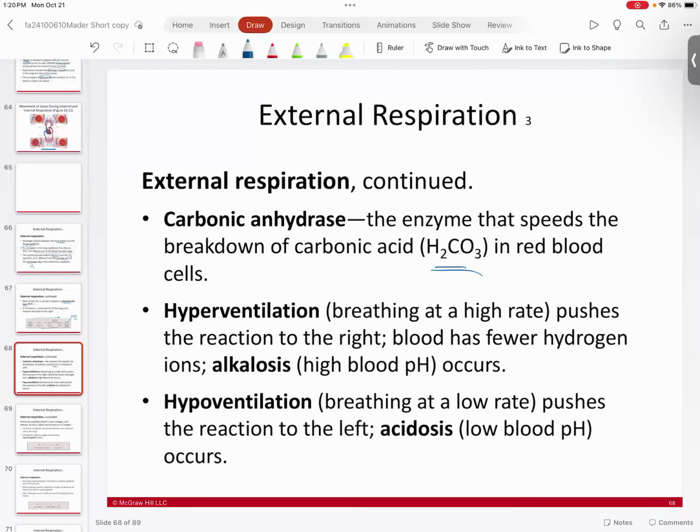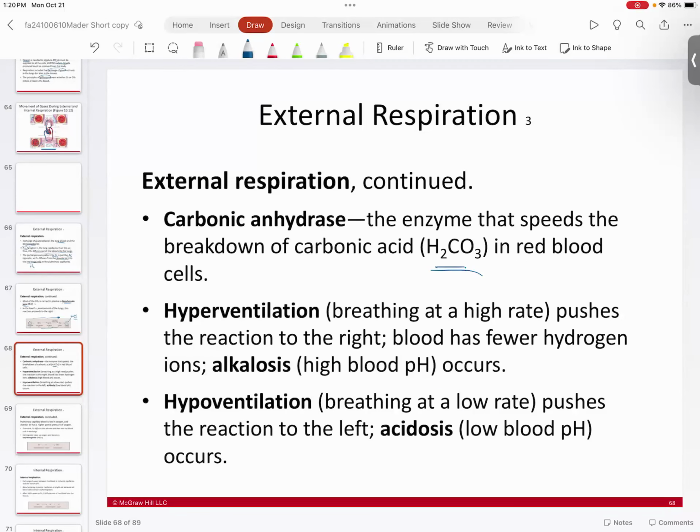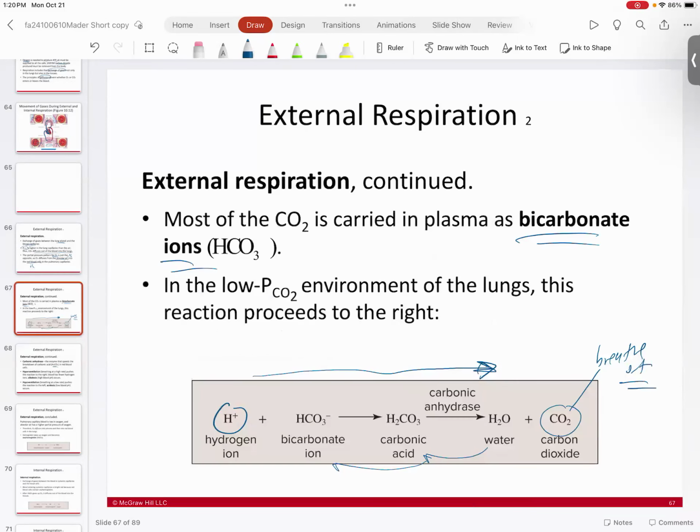So what is hyperventilation? You can affect your CO2 concentrations by hyperventilation. So basically you're breathing at a really, really high rate. What this means is you're pushing the reaction to the right, in this direction here. And so a lot of your CO2 is being liberated and breathed out. As a result, since you're breathing it all out, your hydrogen ion concentration is going to start to crater, right?